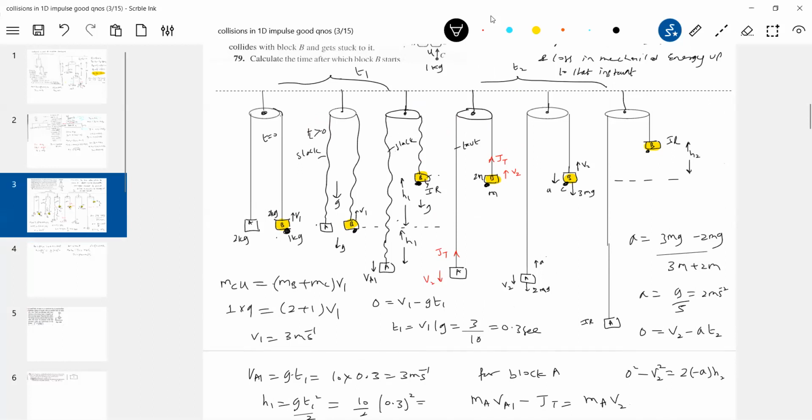So I'll write it here, nearby diagram. Loss in kinetic energy. Here also loss in kinetic energy. And here what will happen to that loss in mechanical energy? It will be converted into heat, sound, or deformation of the block B and the particle C here.